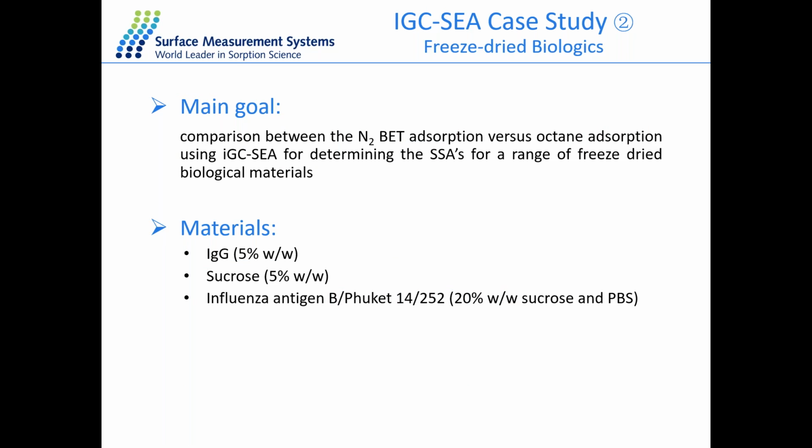And the last case study I have here is from the Spell Group at Imperial College about freeze-dried biologics. Both the nitrogen sorption technique and the IGC method were used to determine the surface area of these freeze-dried biological materials.